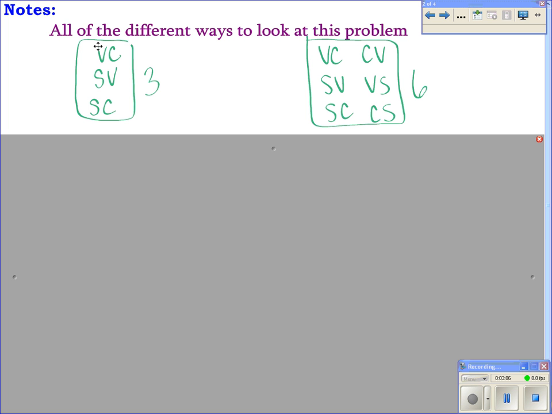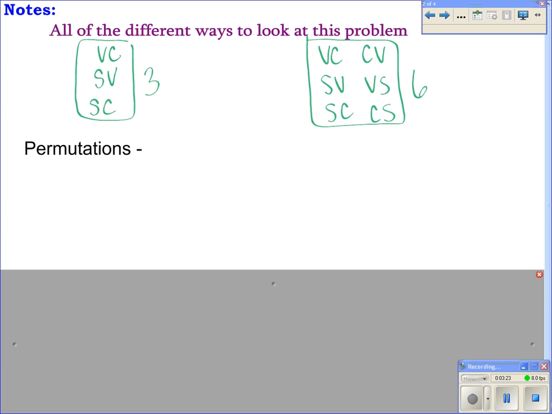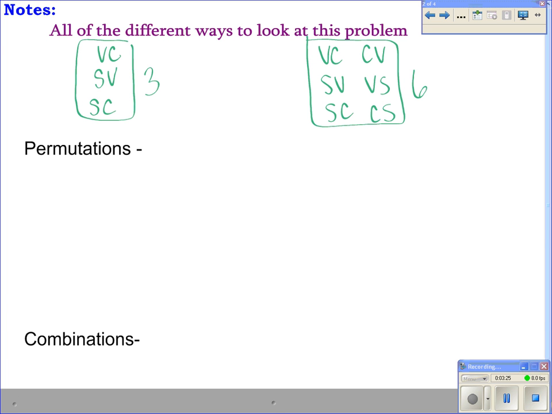So one of these answers is the combination answer, and one of the answers is the permutation answer. Again, like I said, the most difficult and the only difficult part about this section is just deciding, is this a combination or a permutation? So here is the difference.